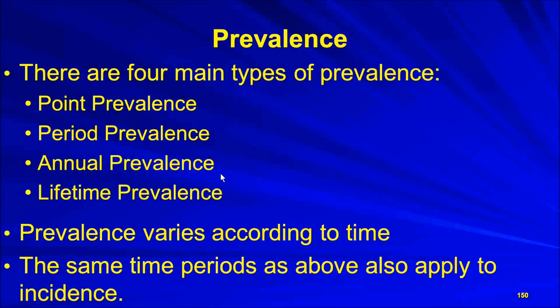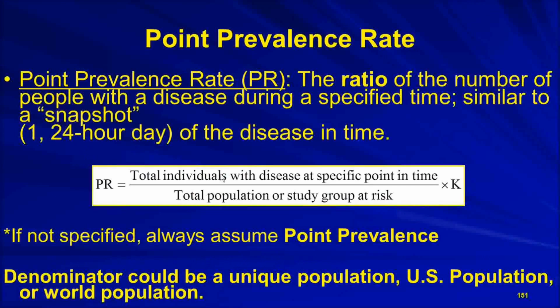It is point prevalence. If incidence is not specified, what kind of incidence is it? It's annual incidence. Okay, so you want to be aware of that and be certain you know the differences of the time period that goes with each one of those terms if not specified.